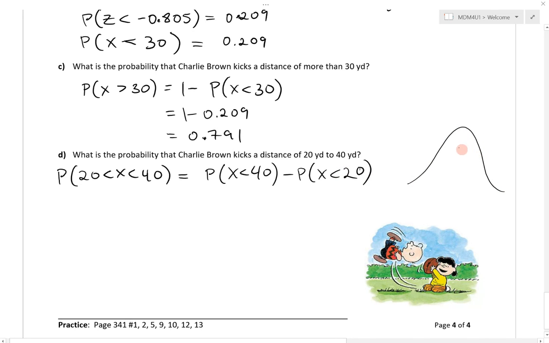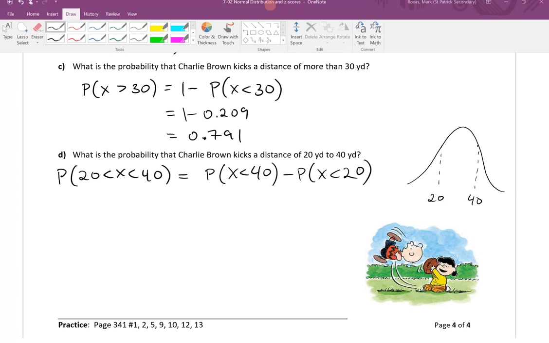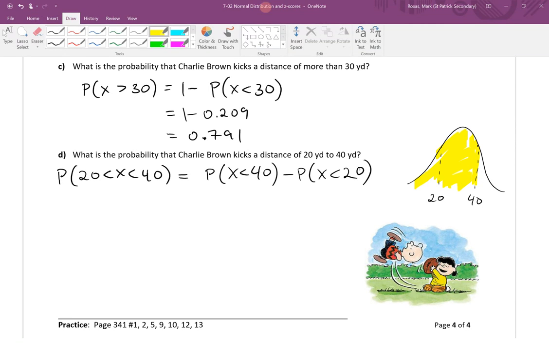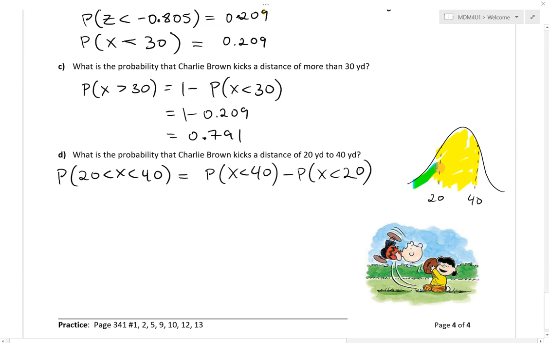If for example, x was 40 over here and 20 over here, then the z-score table would give us, if we did 40, all of this area. But we don't want all of this area. We just want the area between 20 and 40. So if I calculate the area of 20, then the z-score table will tell me this portion right here. And so when I subtract where the two meet, then I have the middle portion between 20 and 40. So that's what's happening here.